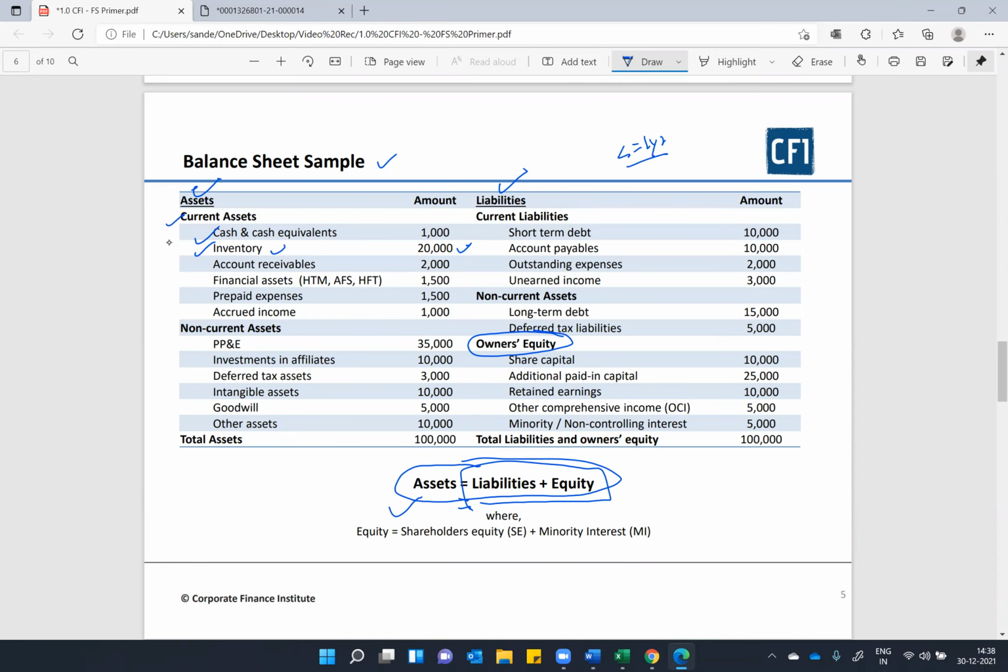Sorry. Then you have something. So we have covered prepaid, we have covered cash, we have covered account receivable. The next is accrued income. So what is accrued income? Accrued income is something where you have realized the income which you should receive, but you haven't received it from someone. You're about to receive it in future.